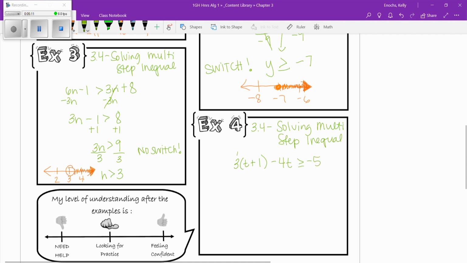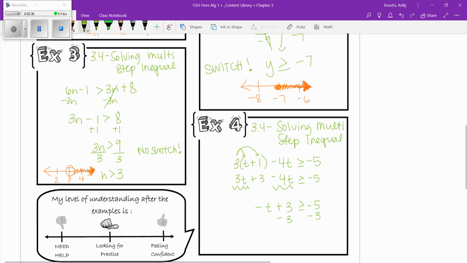So first step here is to distribute. 3t plus 3 minus 4t greater than or equal to negative 5. Then you'll want to combine your like terms, positive 3t, negative 4t. Remember, they're on the same side of the inequality. So when you combine them, use their signs that are already there. So that's going to give me negative t plus 3 is greater than or equal to negative 5.